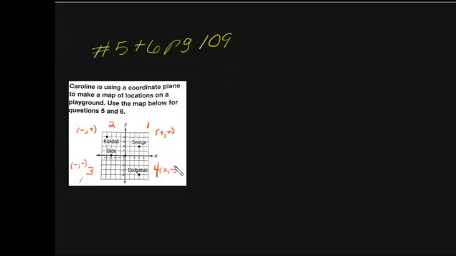The other thing that you need to remember when you're solving these problems is that you need to look at your x coordinate first, or you need to search along your x axis first. So here's your x axis, and here are your x coordinates.